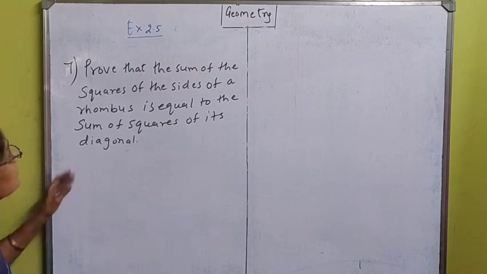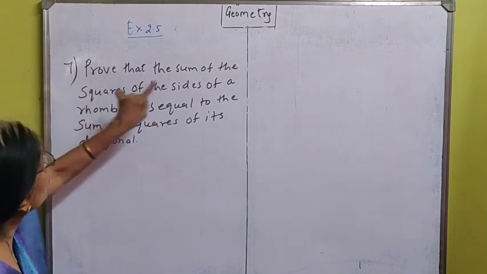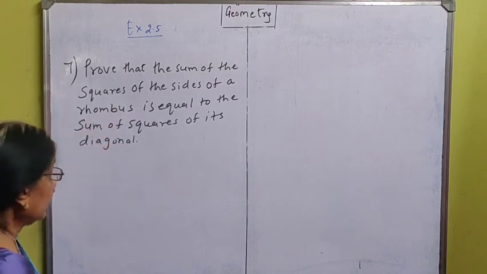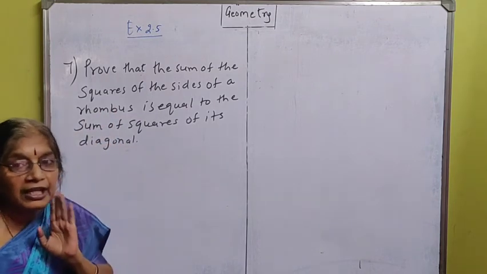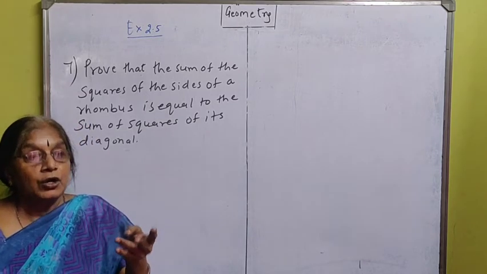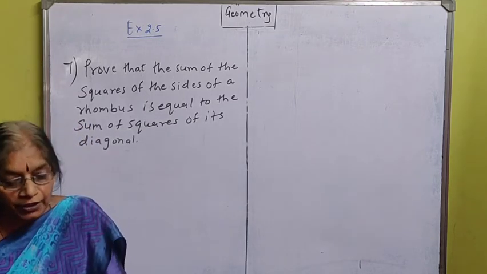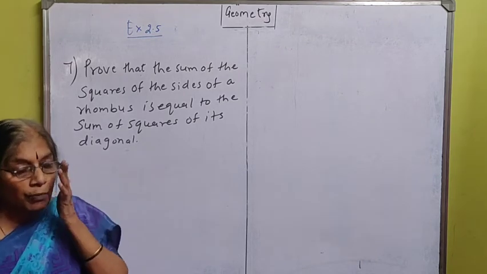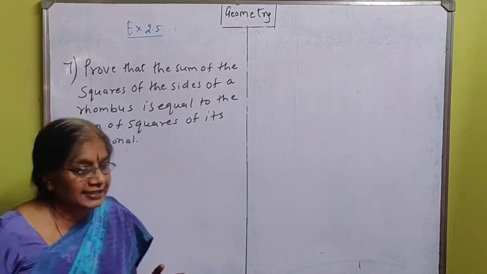So what does the sum say? Prove that the sum of the squares of the sides of a rhombus. Many types of quadrilateral are there: square, rectangle, parallelogram, rhombus and trapezium. Rhombus has 4 sides.